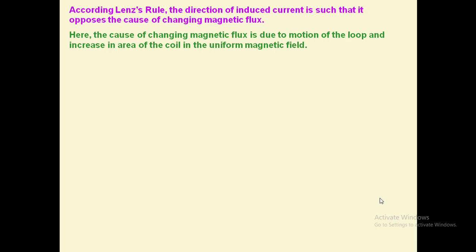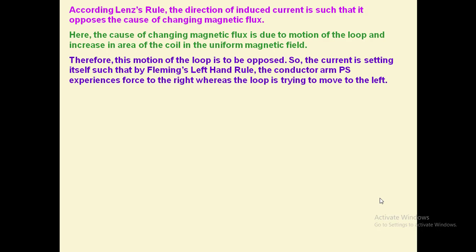Here, the cause of changing magnetic flux is due to motion of the loop and increase in area of the coil in the uniform magnetic field. Therefore, this motion of the loop is to be opposed, so the current is setting itself such that by Fleming's left hand rule, the conductor arm PS experiences force to the right, whereas the loop is trying to move to the left.